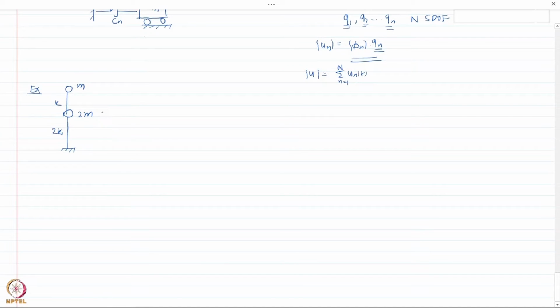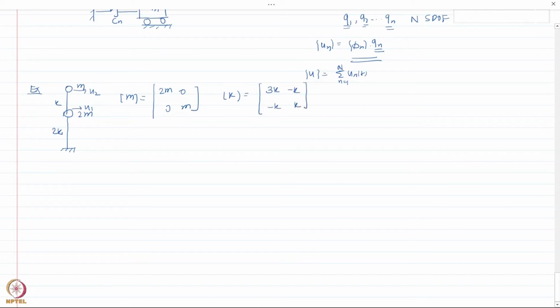Now we have already derived the mass matrix as 2m 0 0 m. I'm just going to write down U1 U2 as well so that you don't get confused. My stiffness matrix is 3k minus k minus k and k.